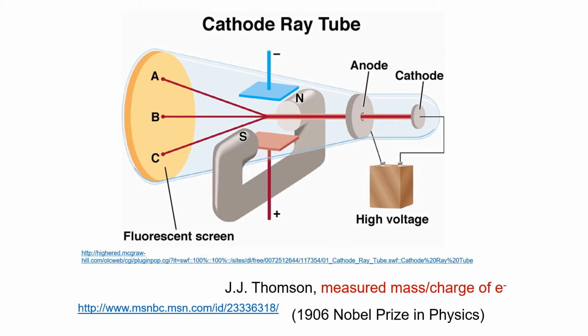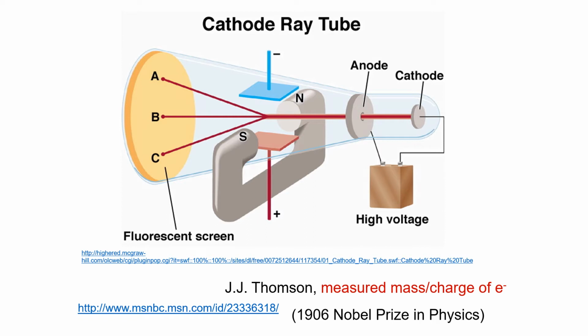So now we're going to take a look at some of the experimental evidence that supported the development or the further modification of our understanding of the structure of atoms.